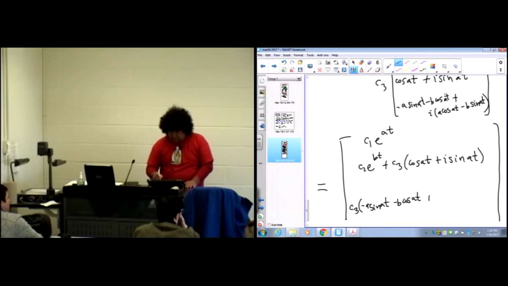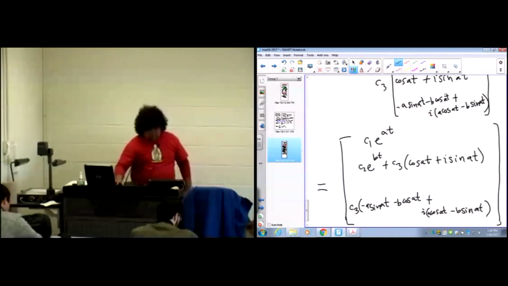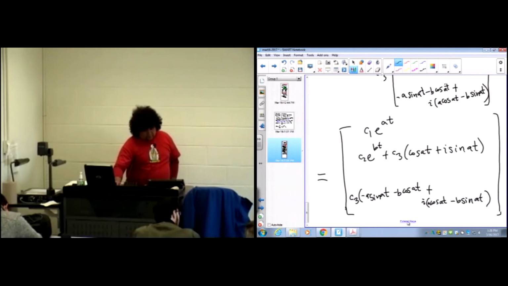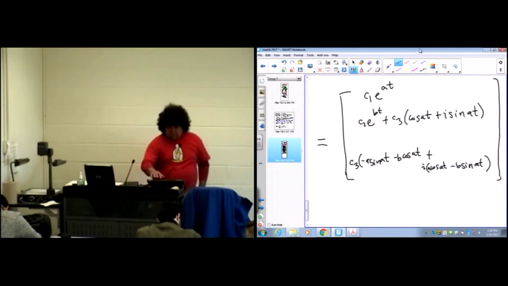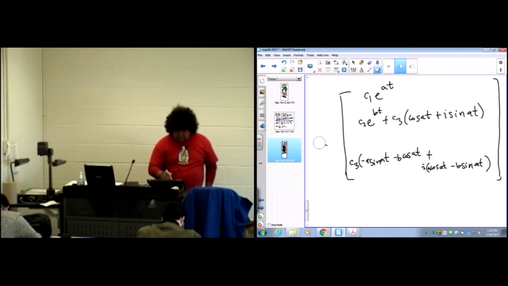So in other words, this here is that vector we're calling x, and remember that vector x is the vector with entries x1 of t, x2 of t, and x3 of t. So what this equal sign is telling us is that this expression, c1 e to the at, is x1.